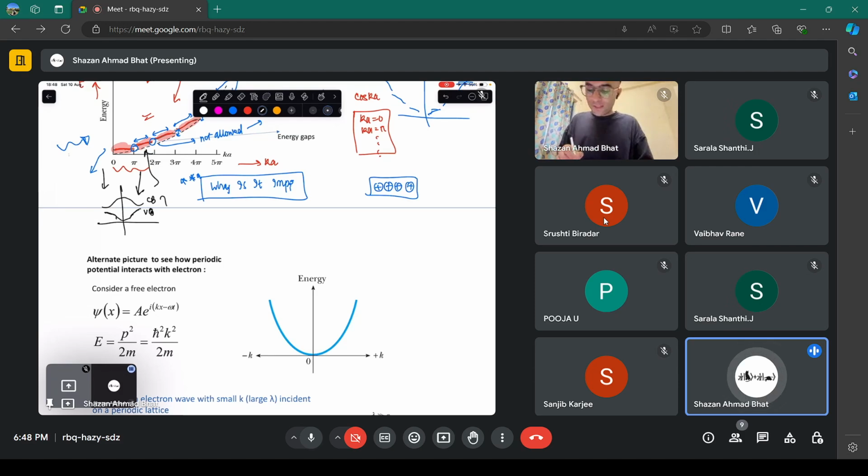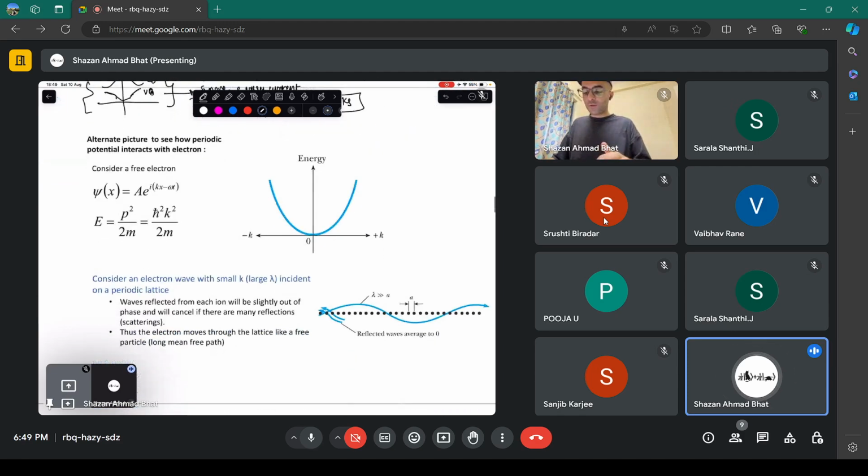Why this is important is that by understanding this band structure, you can understand how electrons move, how electrons carry current, and if you understand how this happens, you have understood how a device works. That is the simplest example of why this is important in devices. Okay, so that's what we are going to jump to.